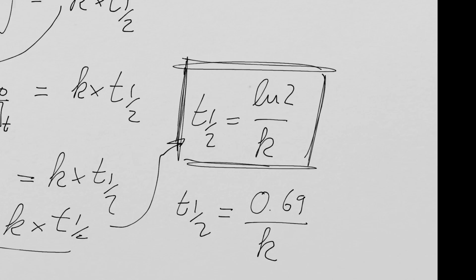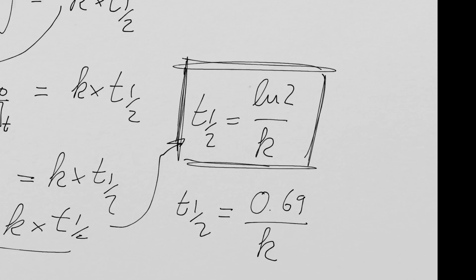What if, instead of 100 sweets, we have 50 sweets? We start with 50 sweets. How many sweets have we left at the half-life? We start with 50. How many have we left at the half-life?